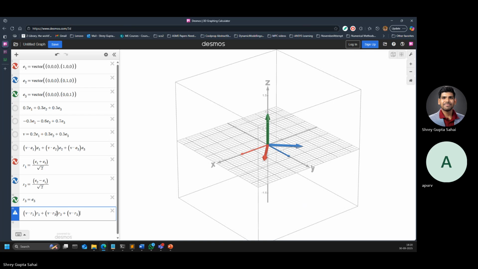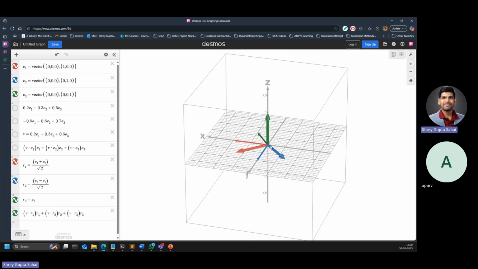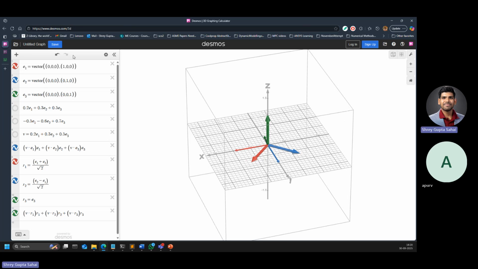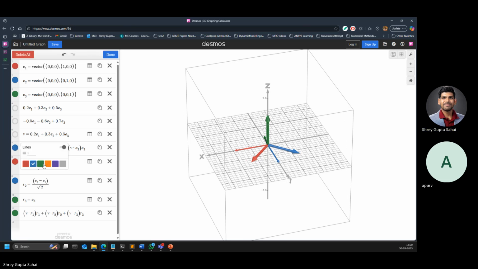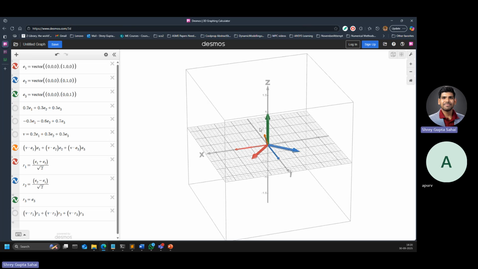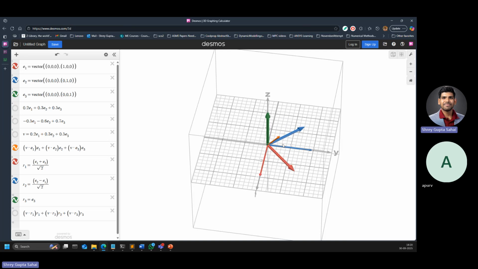Okay, now see how we're getting this, and what is this one? Oh, it's the same. We'll get an identity matrix only, isn't it? We're going to get our identity matrix out of it.